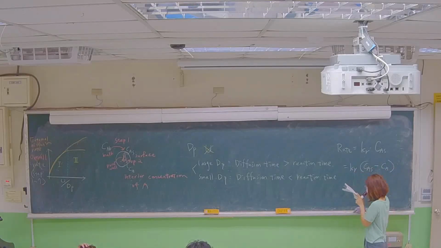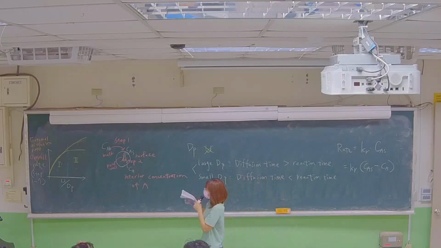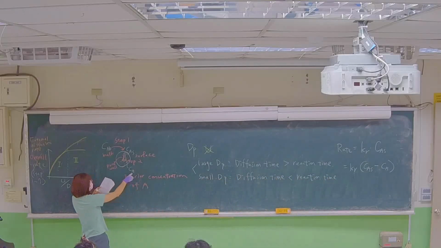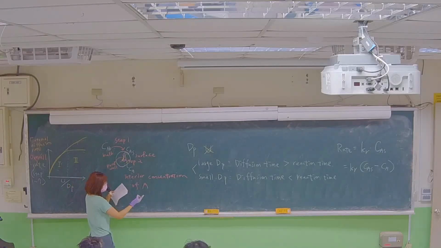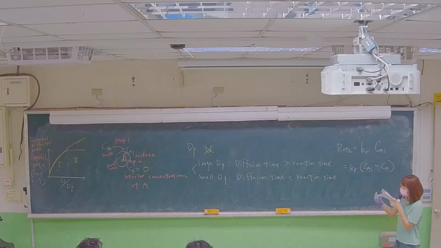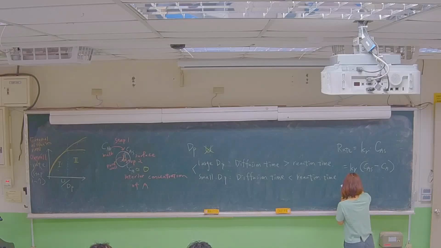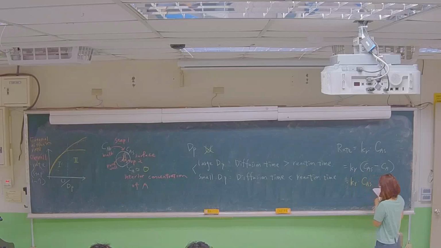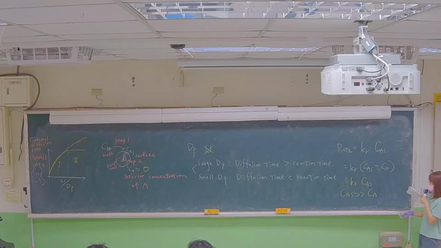However, when reactant A diffuses into the inner side and reacts with catalyst, CA could be almost equal to 0. After reaction, right? Diffused into the inner side, CA could be almost equal to 0. Or you can say CAS is much larger than CA. So finally we got this one.